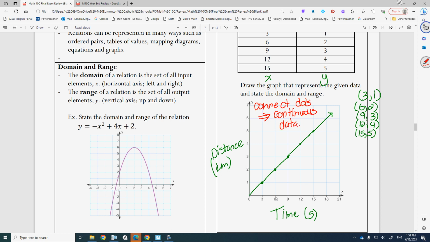When you wouldn't connect dots is when you look at your x-axis, and if you had, let's say, vehicles listed here, jumping from 3 vehicles to 6 vehicles, or 3 vehicles to 4 vehicles, you can't have half a vehicle. Or if I had movie tickets down here and price up here, you can't buy 1.5 movie tickets. That would be discrete data if you don't join the dots, okay?